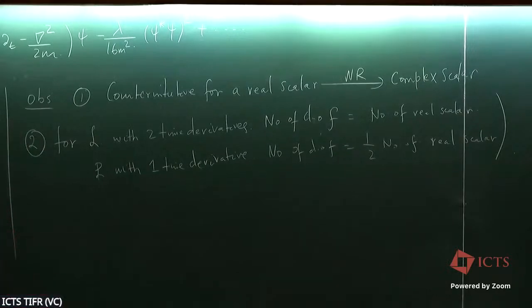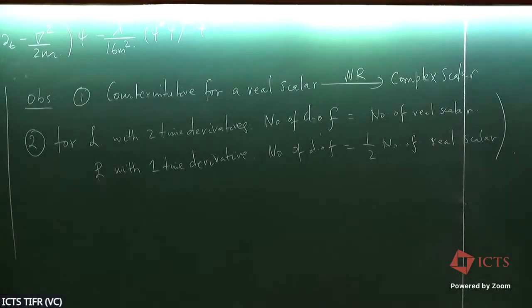So for a complex field, I need two real scalars. In the non-relativistic case, because there is one time derivative, it eventually goes down to 1 degree of freedom.